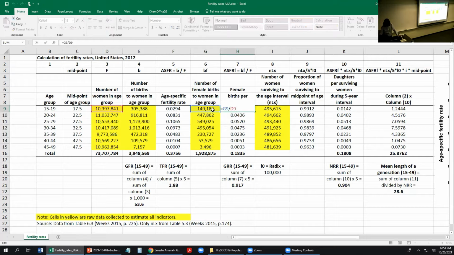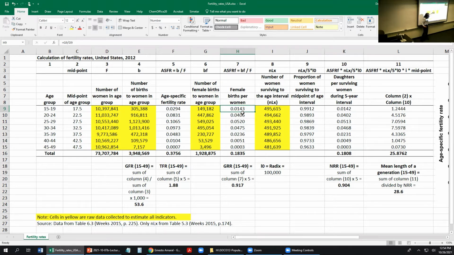And we calculate this female births per woman, which is pretty much just dividing this number by this one here, the female births divided by the number of women in that age group. And here, for example, we say that we have 0.014 female births for every woman between 15 and 19.